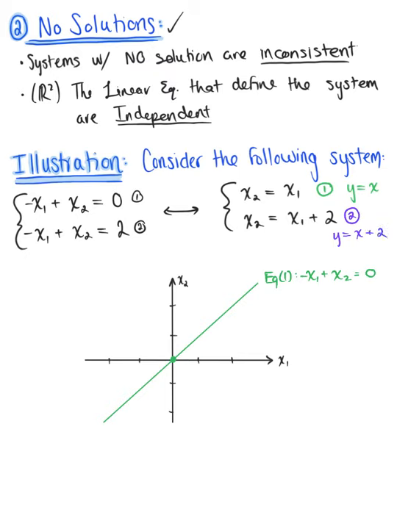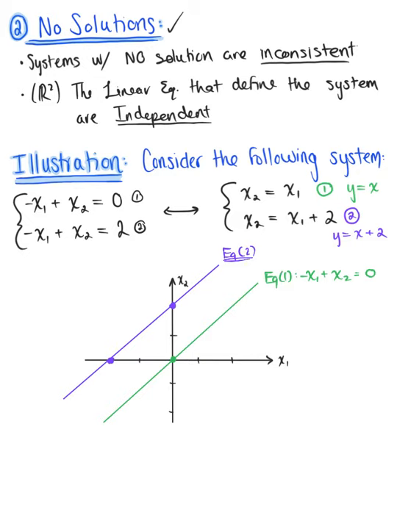So we can think of this as y is equal to x plus 2. So we have the y-intercept at positive 2 and an x-intercept here at negative 2. So notice when we draw the line connecting these points, we see we have parallel lines.